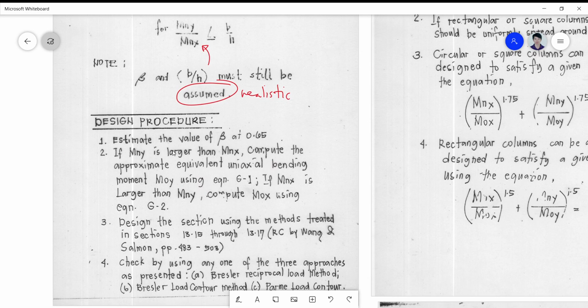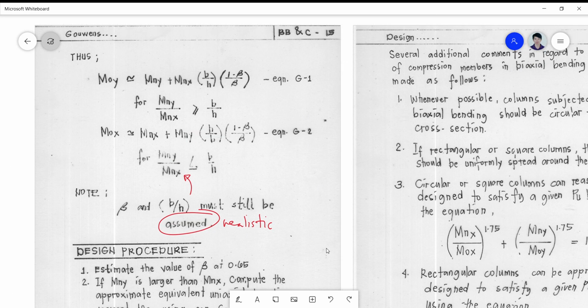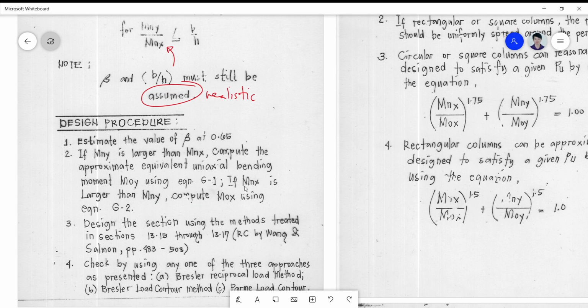Okay, so in summary, this is the design procedure. You estimate the value of beta at 0.65. Then, if MNY is larger than MNX, you compute the approximate equivalent uniaxial bending moment MOY using equation G1. Ayan, yung sa taas yan, no? And then, if MNX is larger than MNY, compute MOX using G2. So, this is just the curve AB and the curve BC, the line AB, the line BC choices.